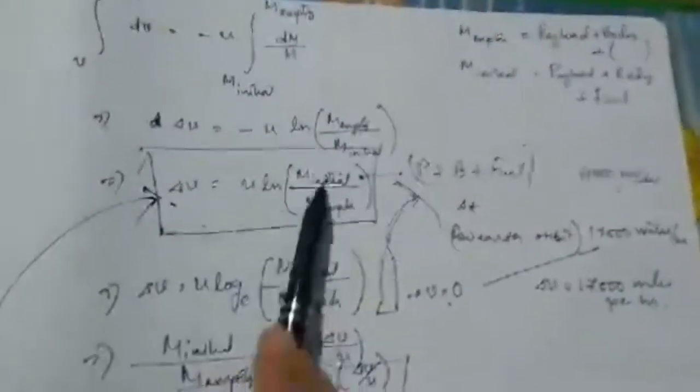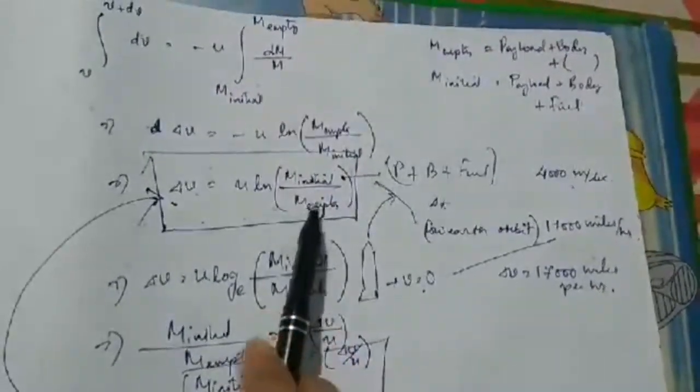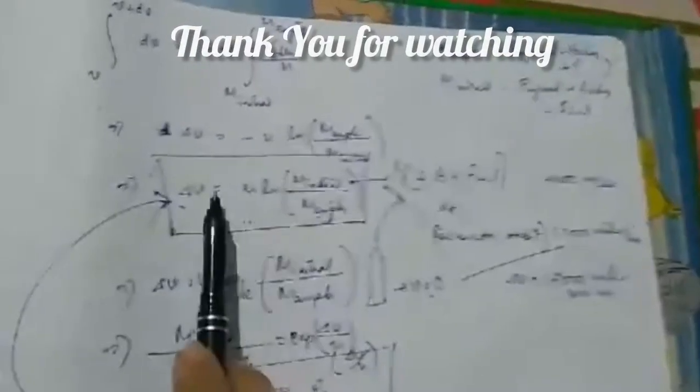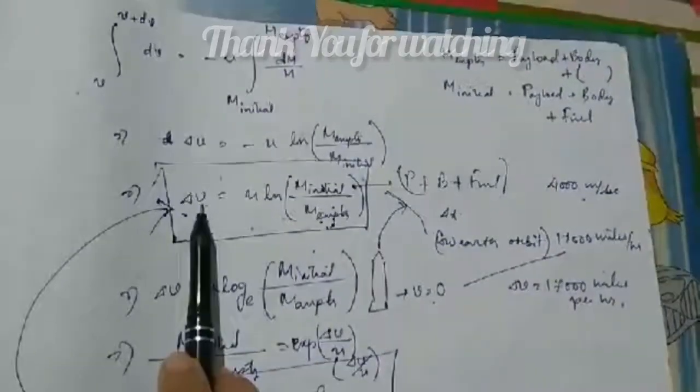It tells you how much fuel has to be burnt, that is, what ratio between m initial and m empty you must maintain to attain a velocity of del v. For our low earth orbit, it is equal to 17,000 miles per hour.